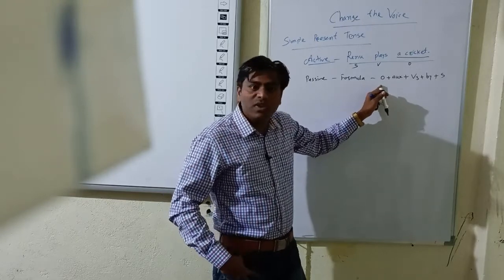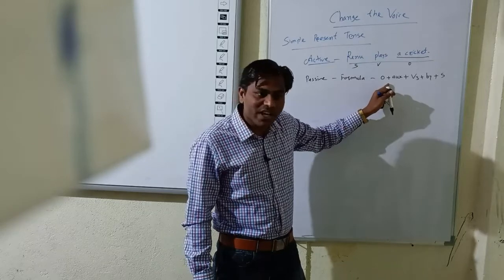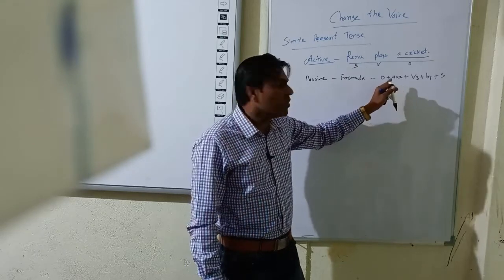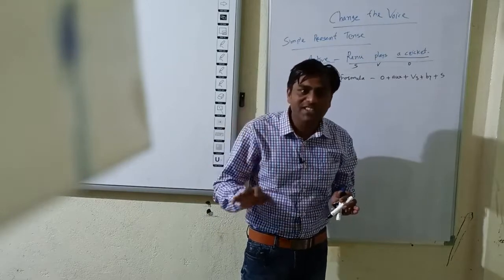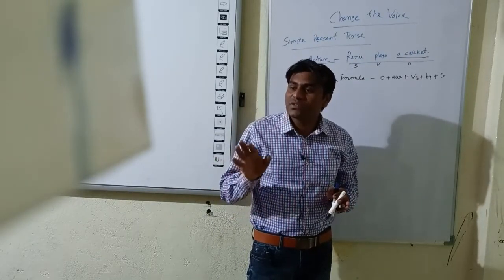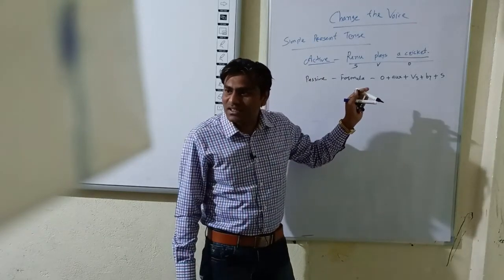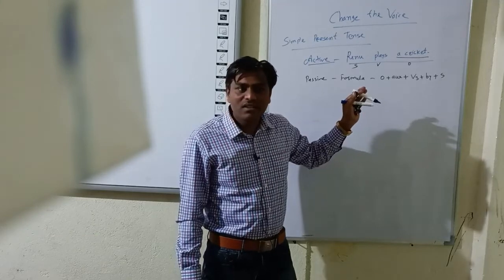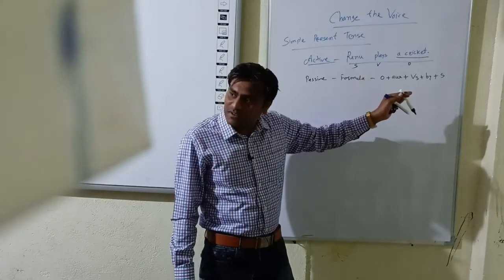But because the object is taken here in the place of the subject, the action flows towards the subject. That is why we call it the passive sentence. Dipali, why do we call it a passive sentence? Because the action starts from the object towards the subject.